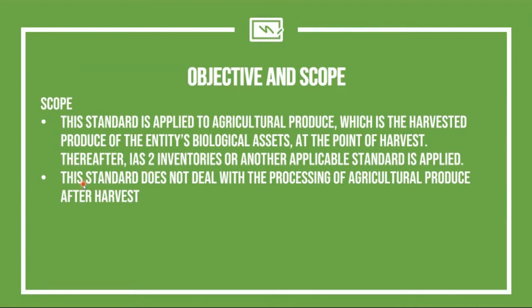Similarly, IAS 41 does not deal with the processing of agricultural produce after harvest. Just like what I said, the standard only covers activities until the point of harvest. Anything that we do after removing the agricultural produce from the biological assets will not be covered by IAS 41 anymore.